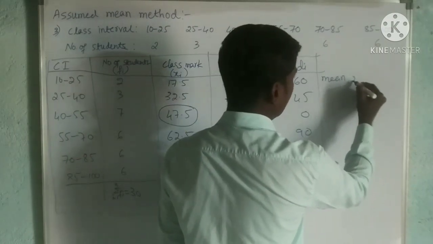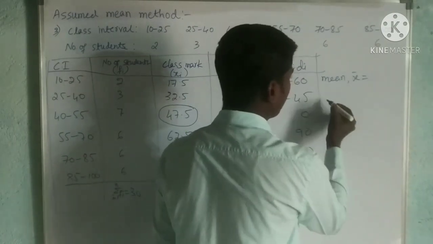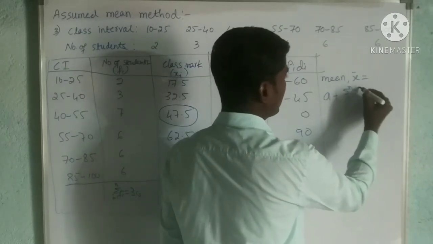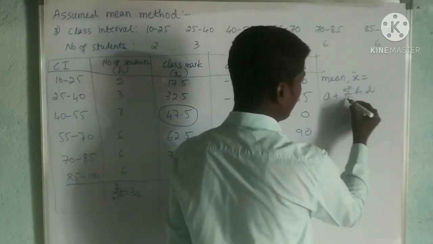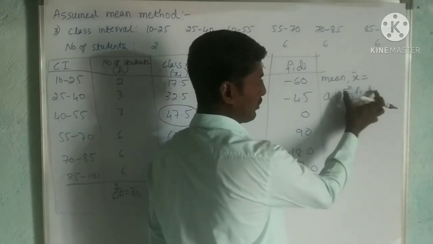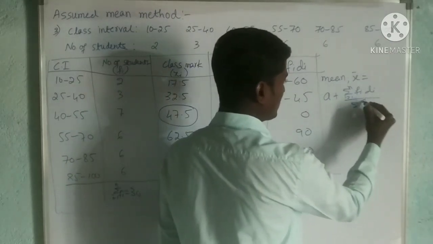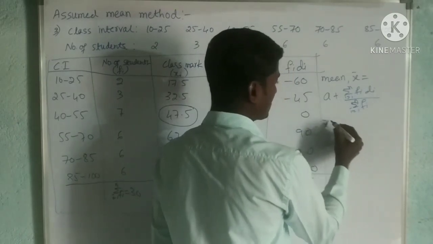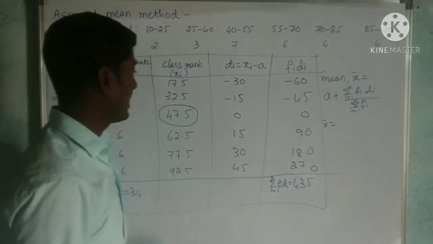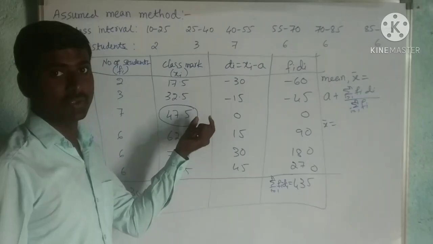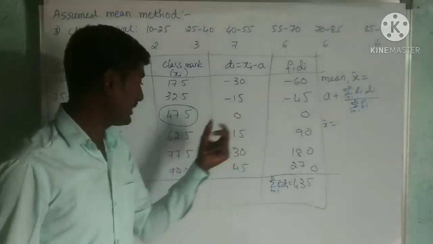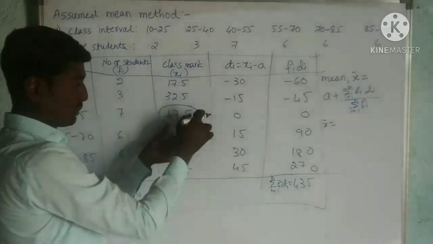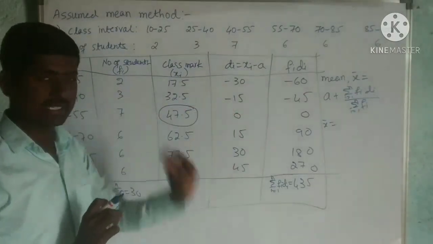Mean X bar is equal to, what is the formula? A plus summation i equals 1 to n Fi Di, divided by summation Fi, i equals 1 to n. Now X bar is equal to A plus, and I have taken A as 47.5. I cannot write 62.5 here because I already considered 47.5.